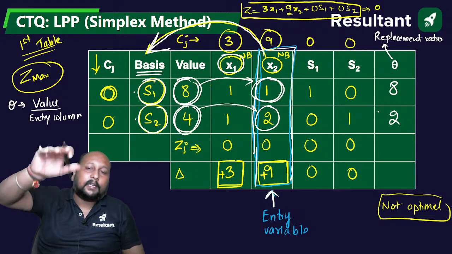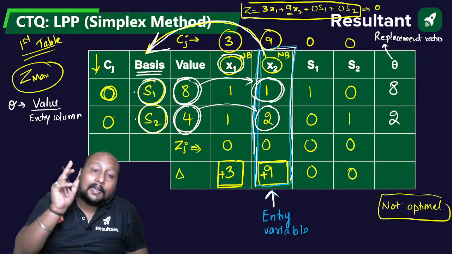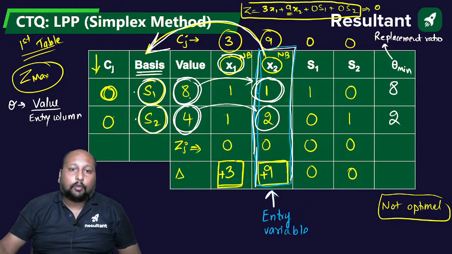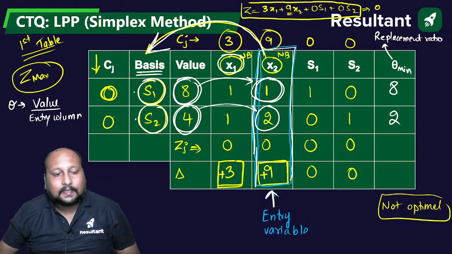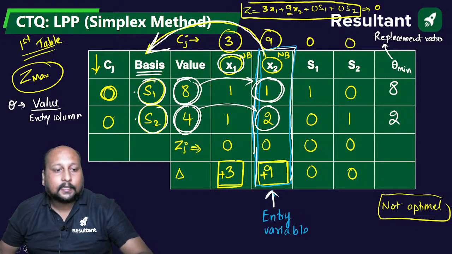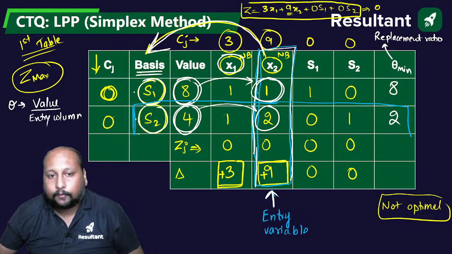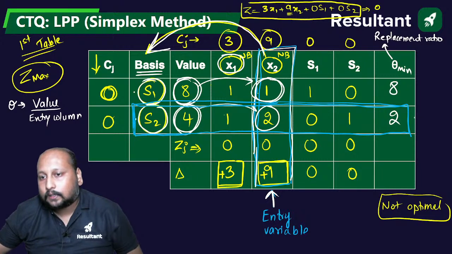So we have calculated the value of theta, and we will be replacing or removing that variable whose theta value is minimum. तो इन दोनों में से theta value minimum is for s2, so I can simply say s2 is my exit variable. तो this way we will be deciding कि कौन सा entry and कौन सा exit.